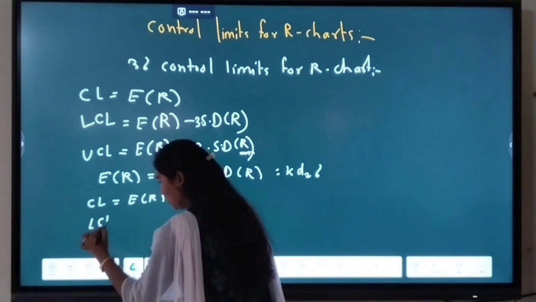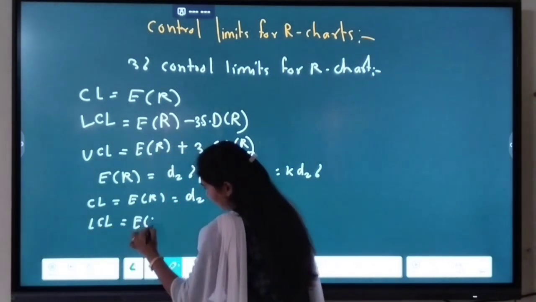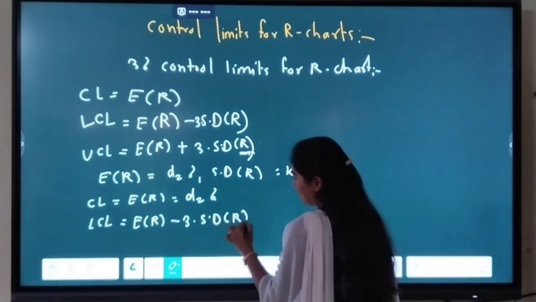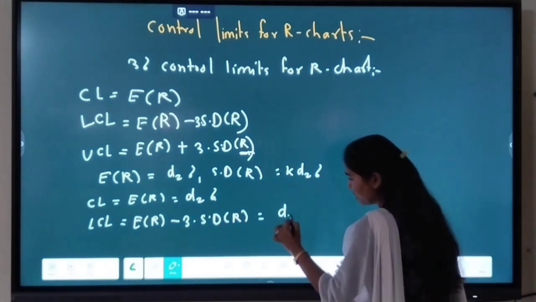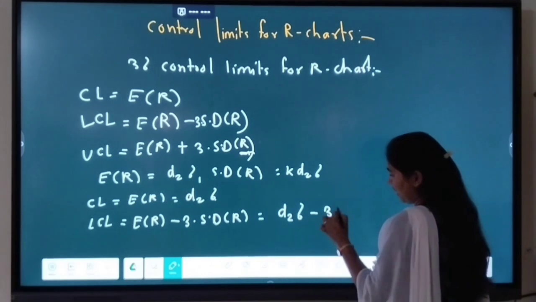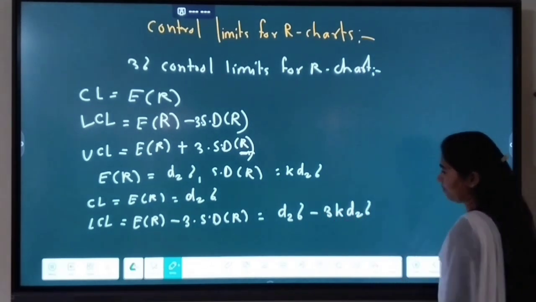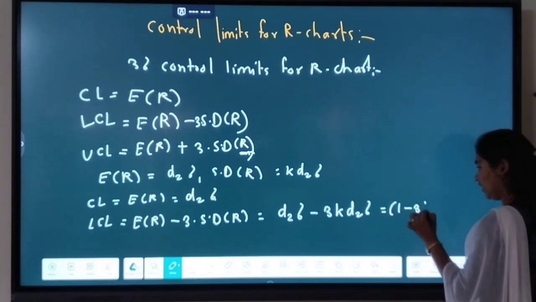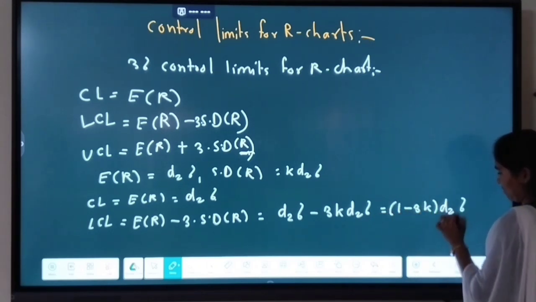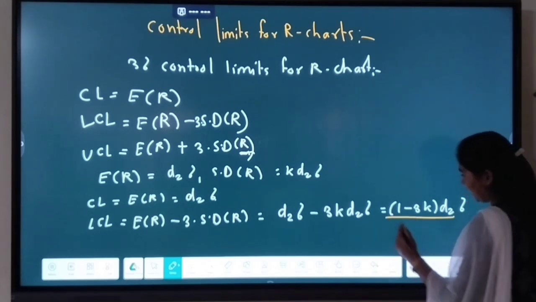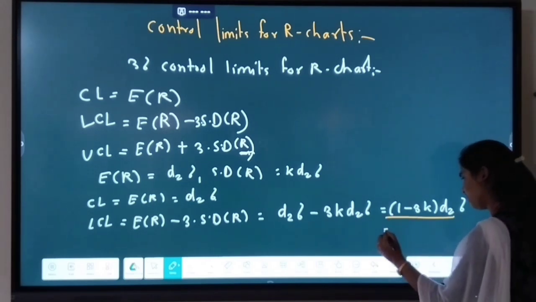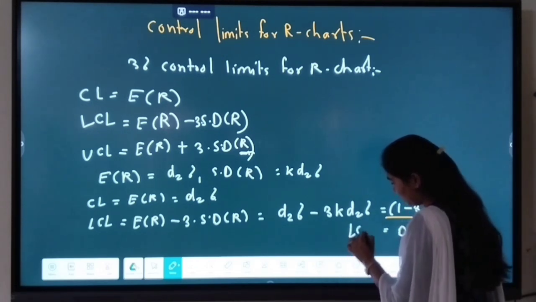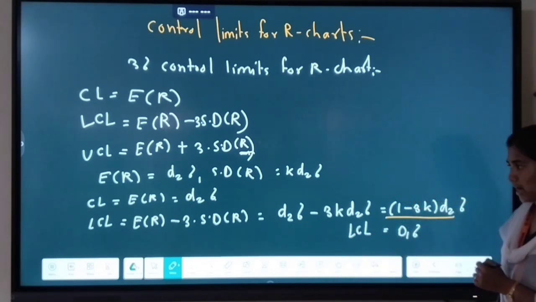The lower control limit is the expected value of R minus 3 times the standard deviation of R, which is d2 sigma minus 3 times k d2 sigma. Taking d2 sigma as common, we get (1 minus 3k) d2 sigma. We denote the constant 1 minus 3k times d2 as capital D1, and sigma as it is. This is the LCL, the lower control limit for R.